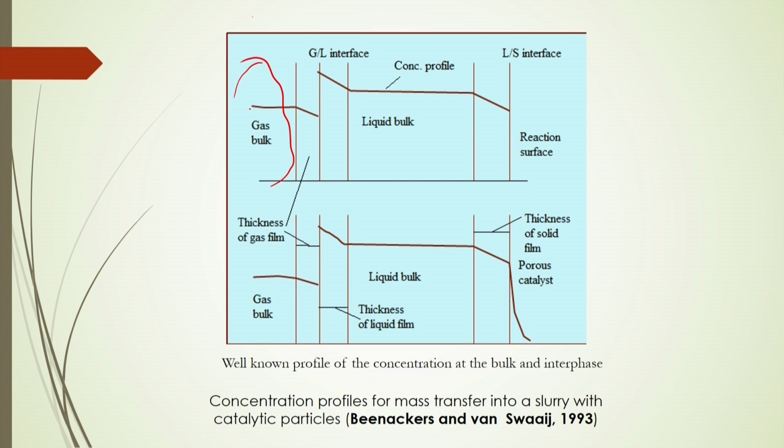In this case the concentration will remain almost constant, and after that, very adjacent to the gas liquid interface, that means in a very thin film of the gas between the liquid and gas, there will be a certain change of concentration here, it will decrease, and at the interface there will be a certain concentration, and at the interface there will be some equilibrium of the concentration of gas to the liquid.